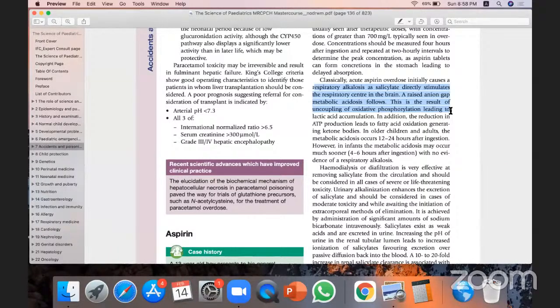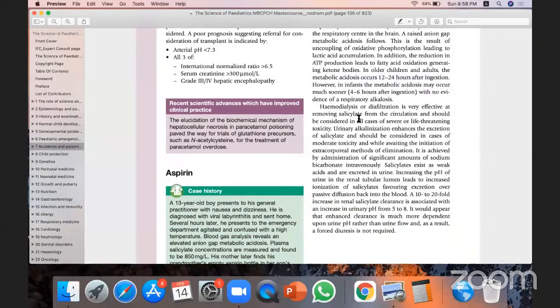But in children, they can directly go into metabolic acidosis, and there is production of lactic acid. This takes 12 to 14 hours, but in infants it is 4 to 6 hours directly. And hemodialysis is the treatment, and you can use sodium bicarbonate for urinary alkalinization, which will remove the salicylate.